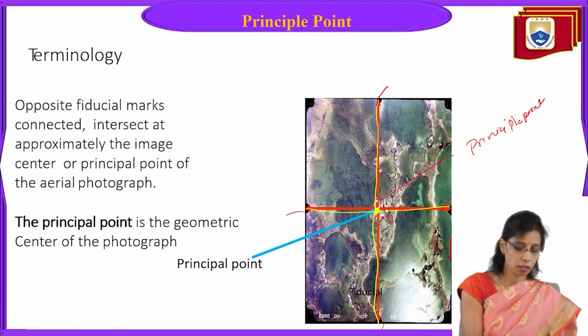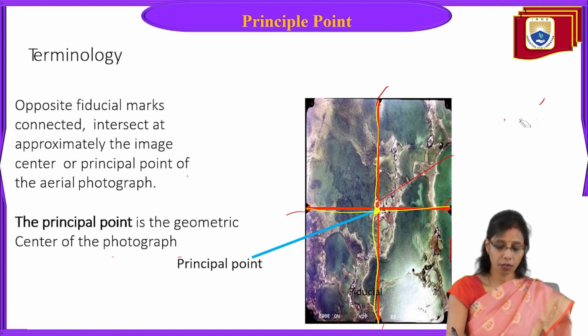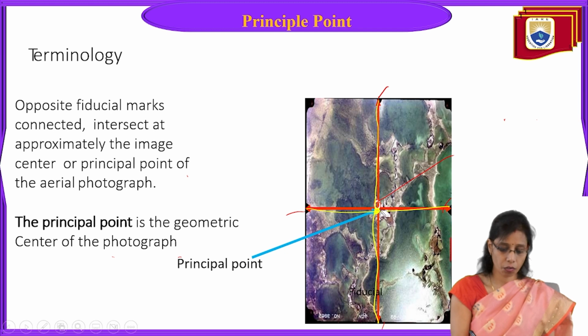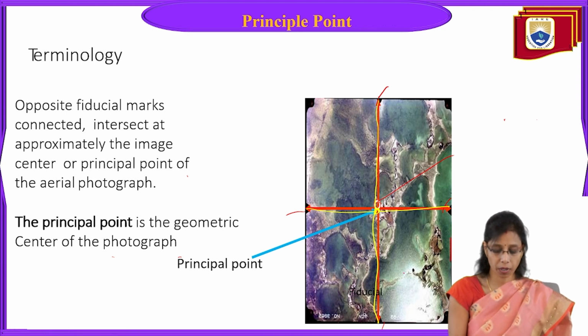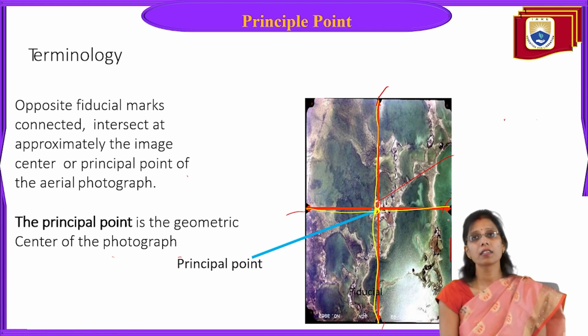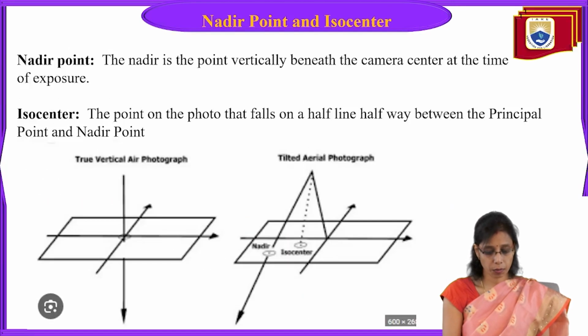Opposite fiducial marks connected intersect at approximately the image center, or principal point, of the aerial photograph. The principal point is the geometric center of the photograph. If you want to find the center of the photograph, if you join all these 4 fiducial marks, you will get the center of the photograph. So this is called the principal point.